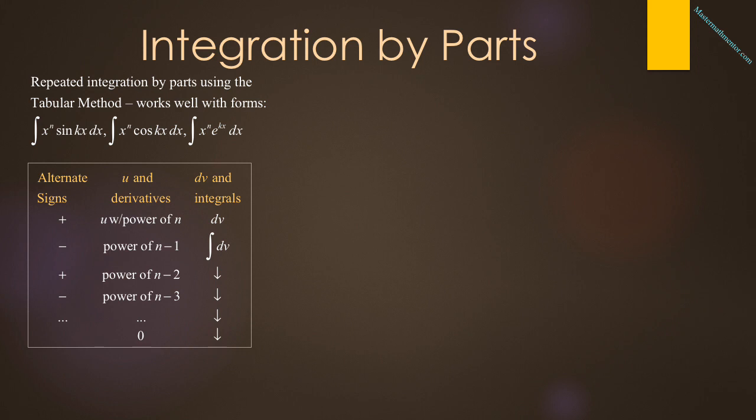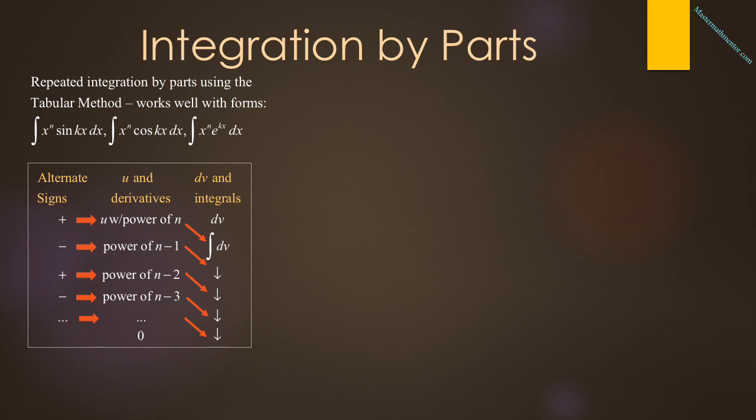And finally, the dv column is the integral of each expression. So we start with dv, and we take the integral of dv and take the integral of every expression in our chart. Next in our chart, we place arrows. First, a horizontal arrow between the sign and derivative column, and then a diagonal arrow down to the dv and integral column.